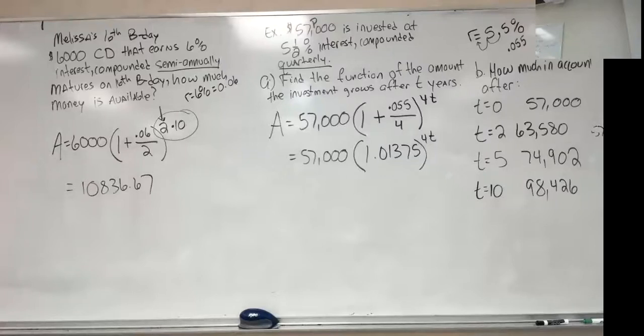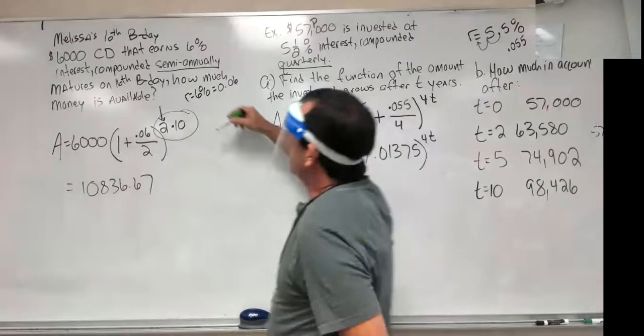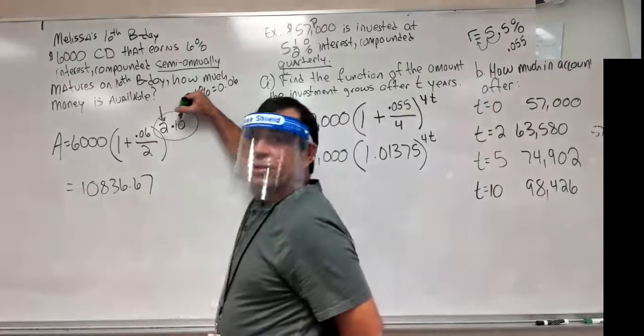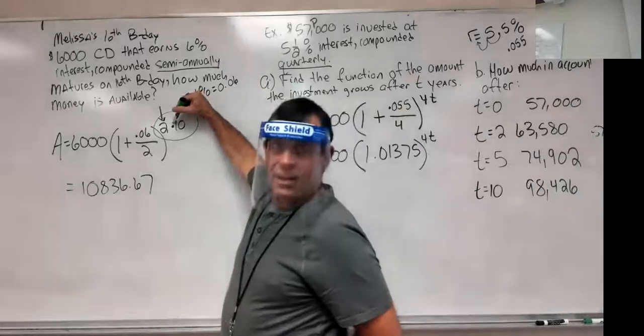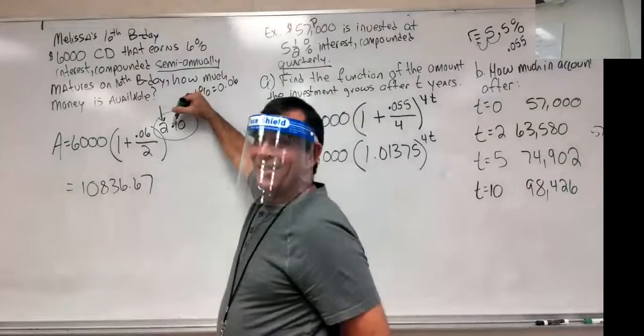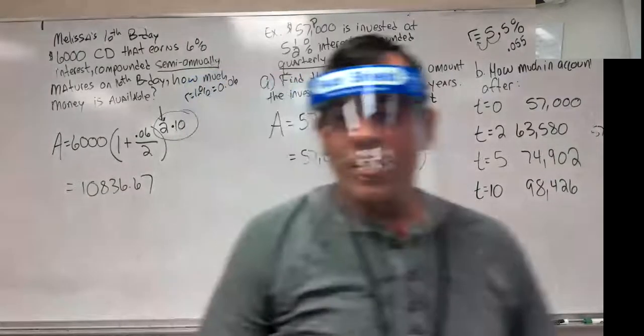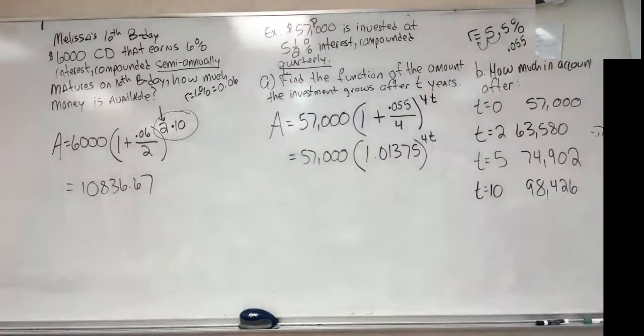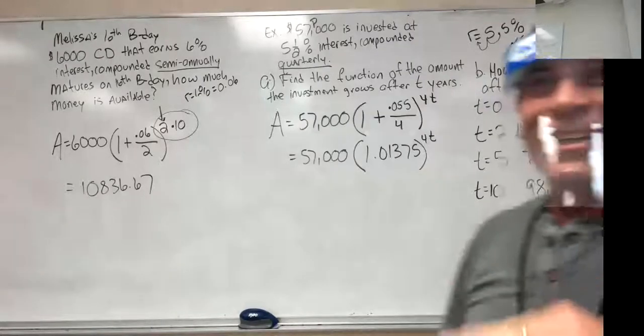So over the 10 years, this is getting compounded 20 times. The ones with a 4 there would be compounded 40 times. That means they're adding interest that many times a year to your account, okay? So we're going to stay away from the continuous and daily.